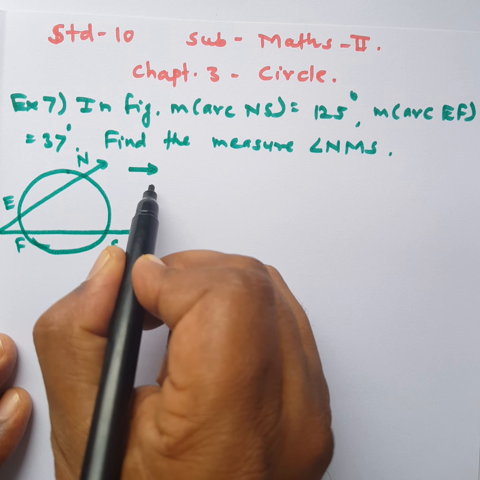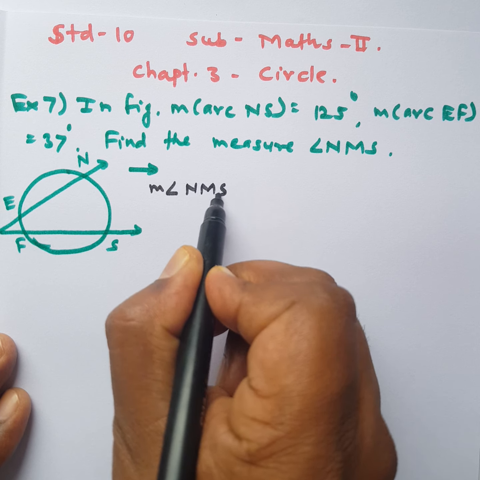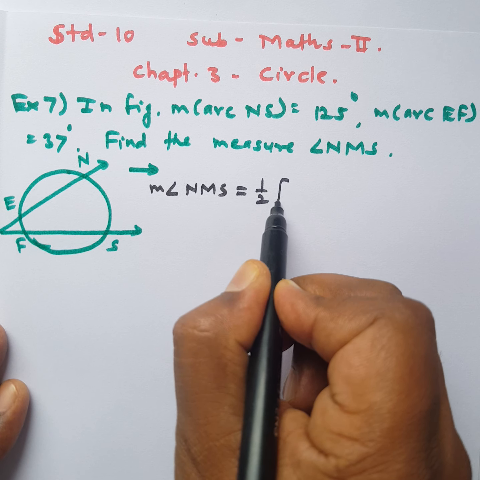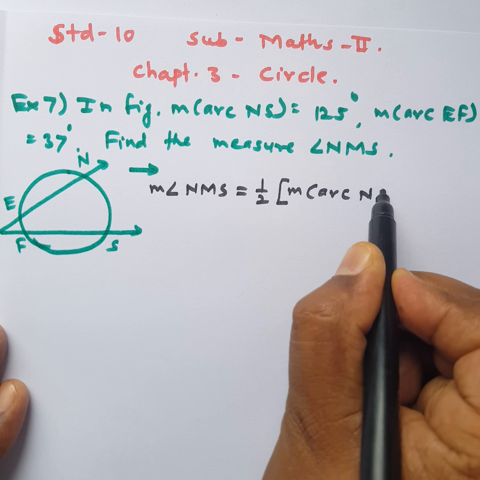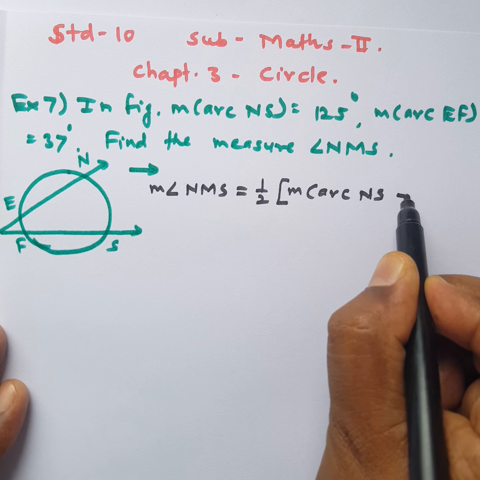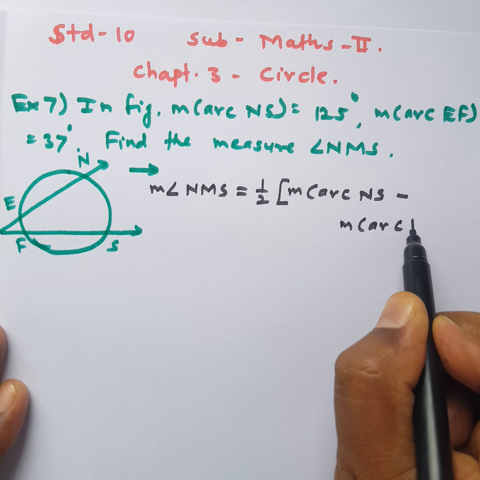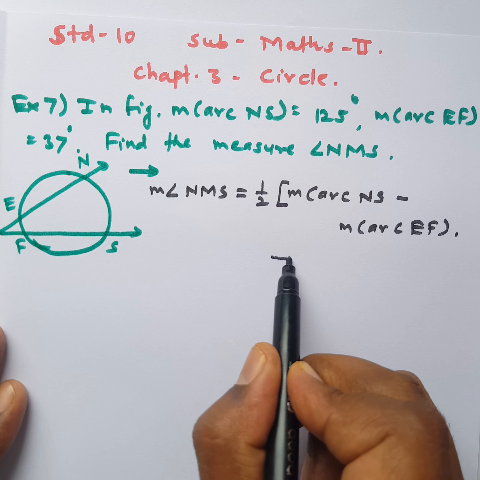Here, measure of angle NMS is equal to half of measure of arc NS minus measure of arc EF. What is the reason?